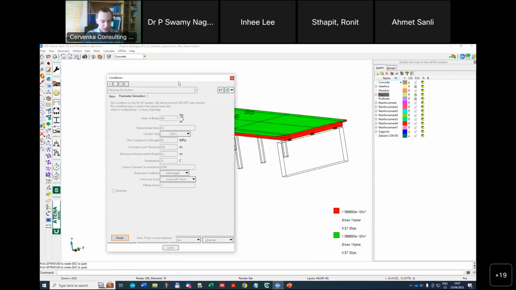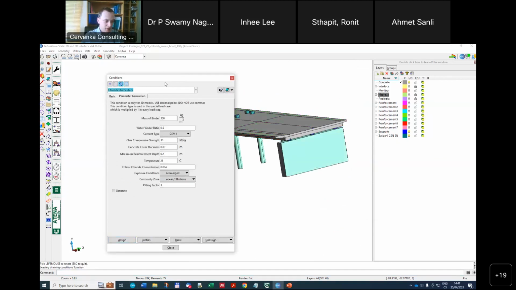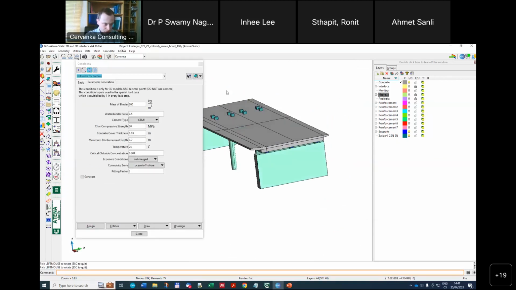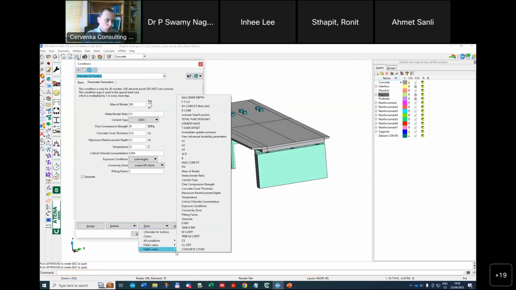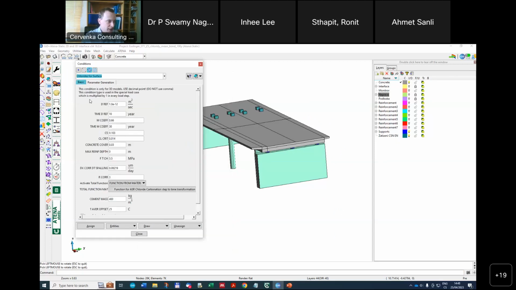And the difference can be seen in here, because if I plot through here, draw field colors, I can plot the chloride concentration at the surface.